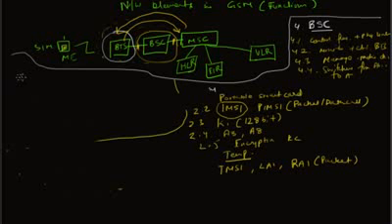So let's look at MSC, Mobile Switching Center. Switching means it's responsible for switching the calls from one PLMN to PSTN and PSTN to PLMN. So that's one function. The second function is handover function.